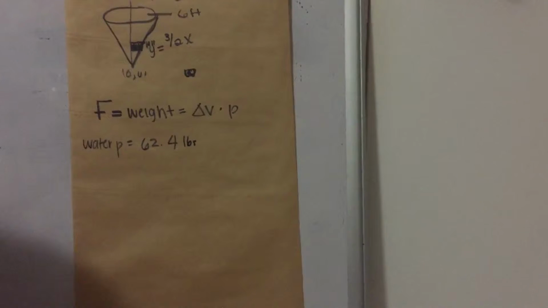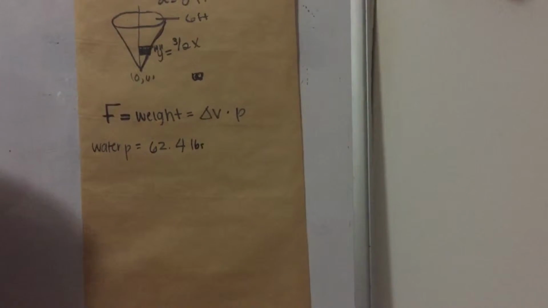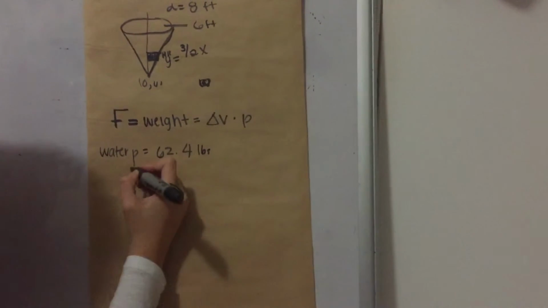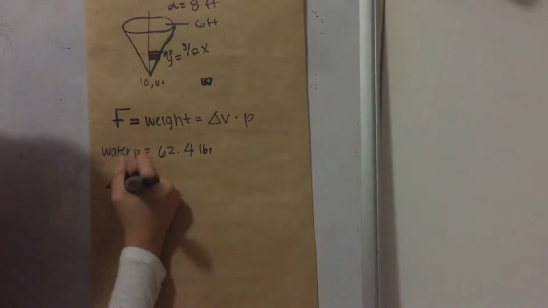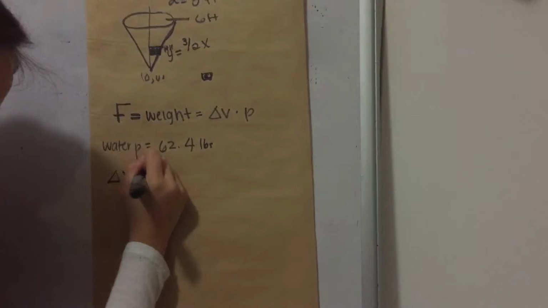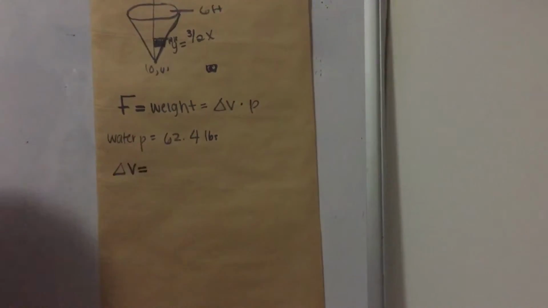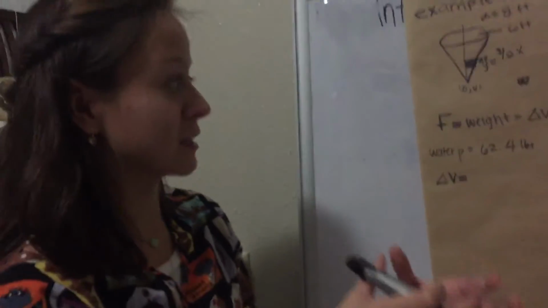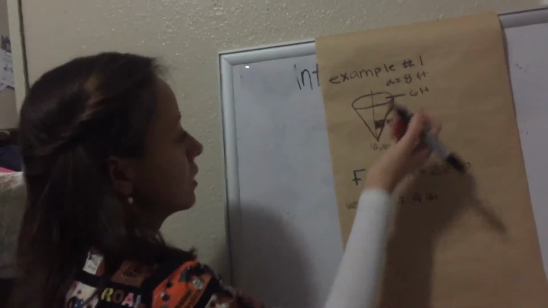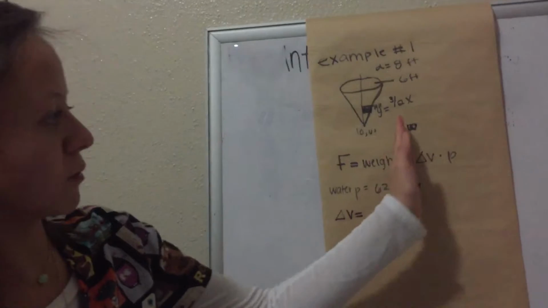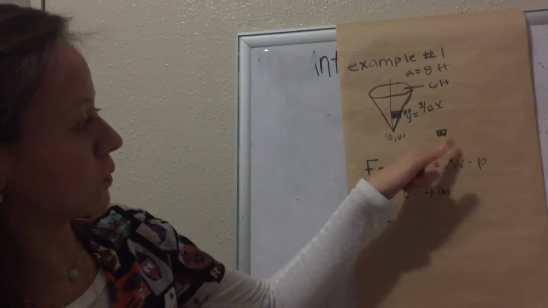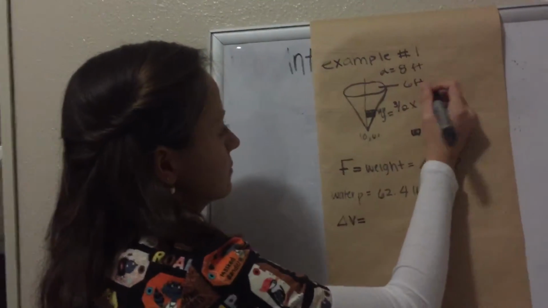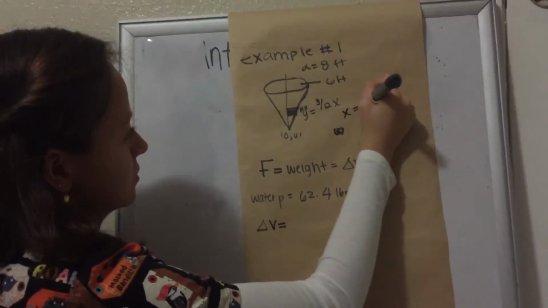And then we have to find the volume. So the total volume is going to be, you have to find the volume of each layer, and each layer is going to be a circle, correct? So I told you to remember y equals 3/2 x. So we want this in terms of x, and therefore x is equal to 2/3 y.